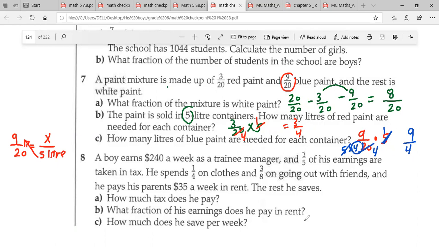Do you understand what I mean here? Yes, the same. So 9 over 4, we can simplify it again. If you divide 9 by 4, it will be a decimal. We can divide 9 divided by 4. 2 multiplied by 4 is 8.